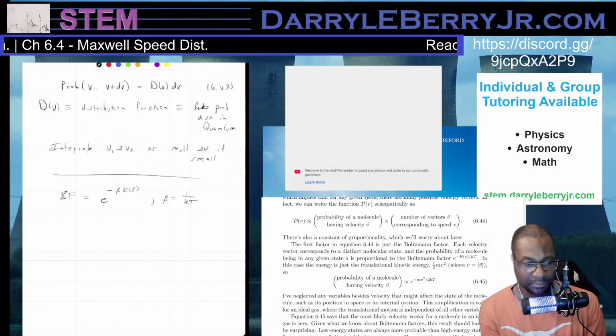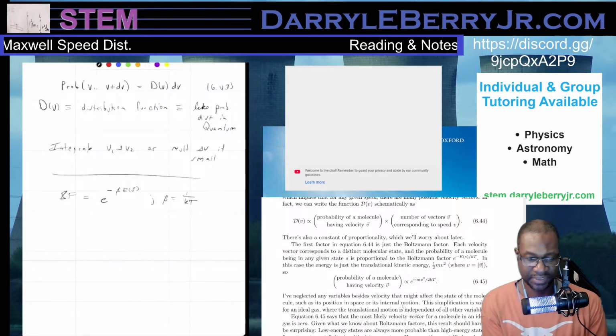I've neglected many variables besides velocity that might affect the state of the molecule, such as its position in space or its internal motion. This simplification is valid for an ideal gas, where the translational motion is independent of all other variables.